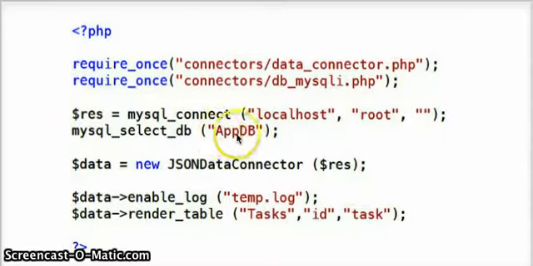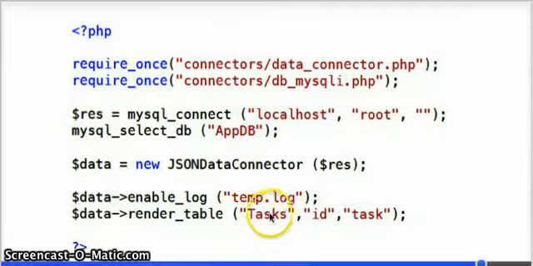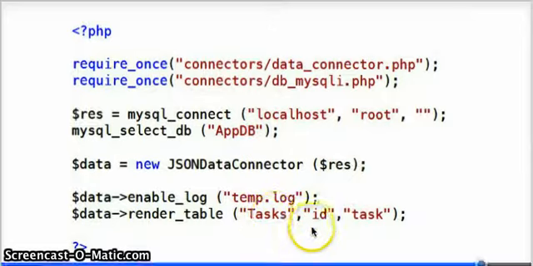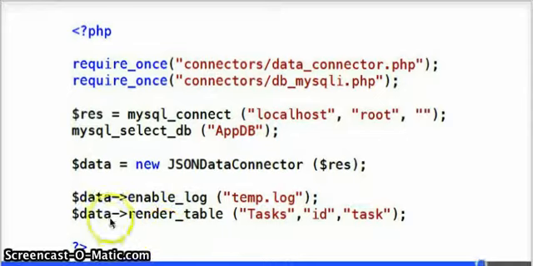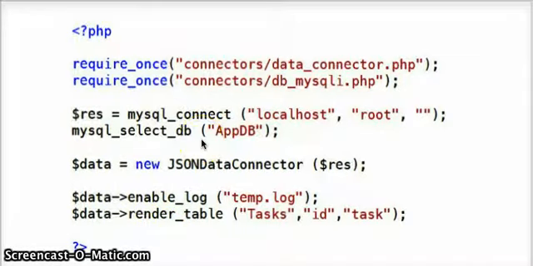This would be the database name, and this is the table name. This is the primary key, and these are the associated columns which I want to render. And this would serve for everything. It would update the records and delete the records. It works in tandem with the data processor library, which we talked about earlier.